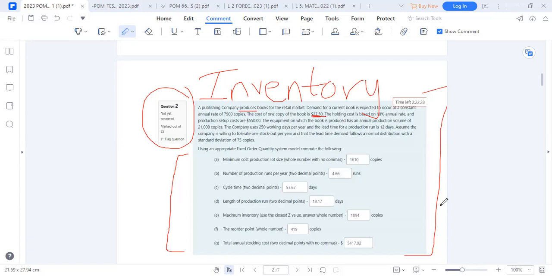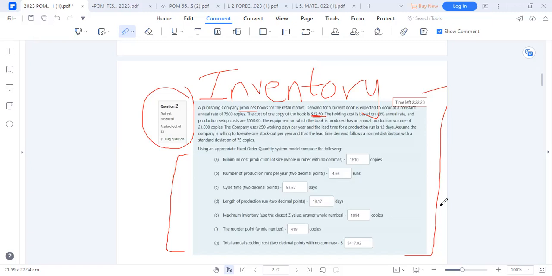Annual production we have been given, which is 25,000 copies. Then our lead time is 12 days. Take note of that. The standard deviation of demand is 75 copies.